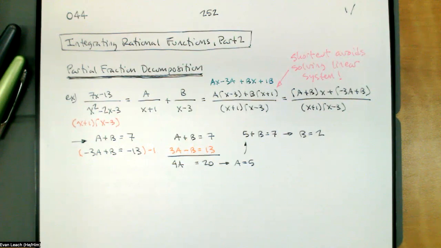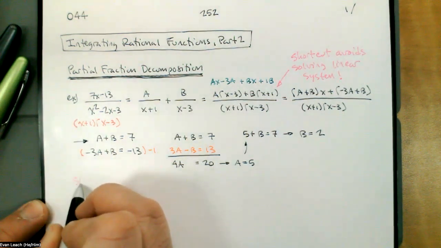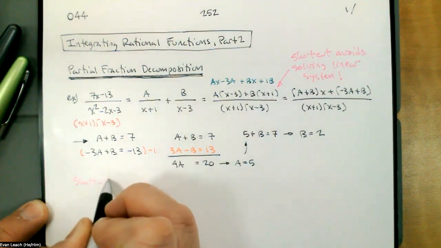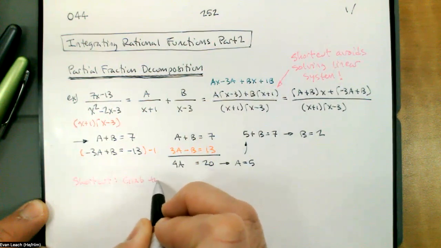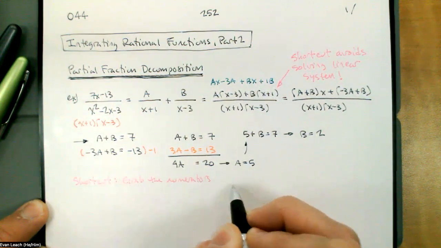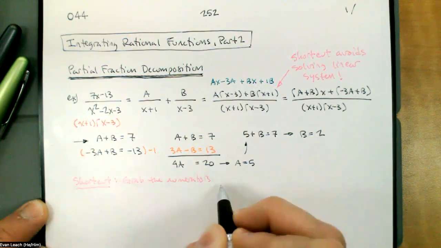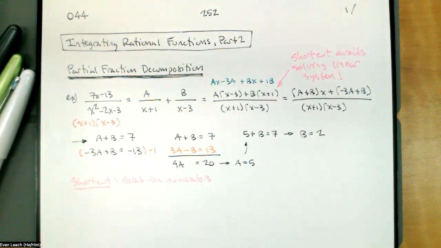We're just going to pull the numerators aside. I don't know what the official name for this shortcut is, but I call it grab the numerators, specifically because it reminds us that we're avoiding the denominators with what we're about to do.